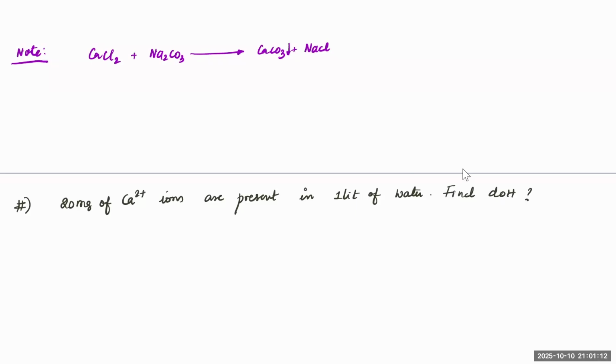Even if you have calcium sulfate also, you react that with Na2CO3, it will convert into calcium carbonate, and Na2SO4 is in a dissolved form. Okay. See, these chlorides and sulfates, when they are in a dissolved form, that is not going to cause any problem to the water. The water will remain still soft only. It is the problem with the calcium 2 plus ions and magnesium 2 plus ions. Got it?